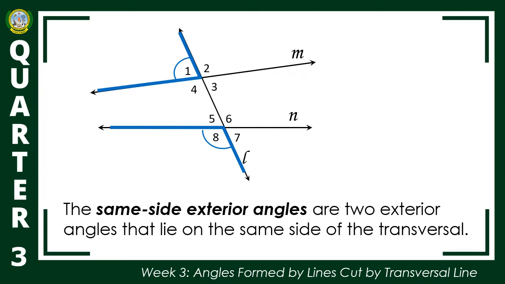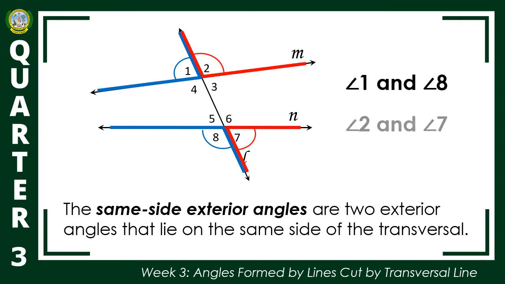So, meaning sila yung isang pair ng same side exterior angles. Okay? And the second pair is angle 2 and angle 7 since they both lie on the right side. Okay? So, ganyan naman po ang itsura ng ating same side exterior angles.